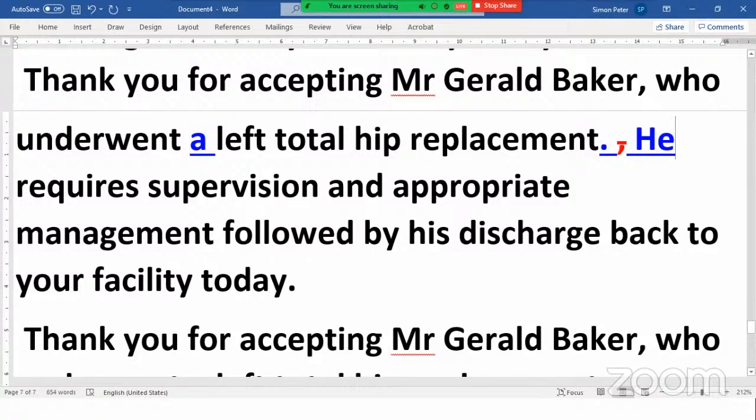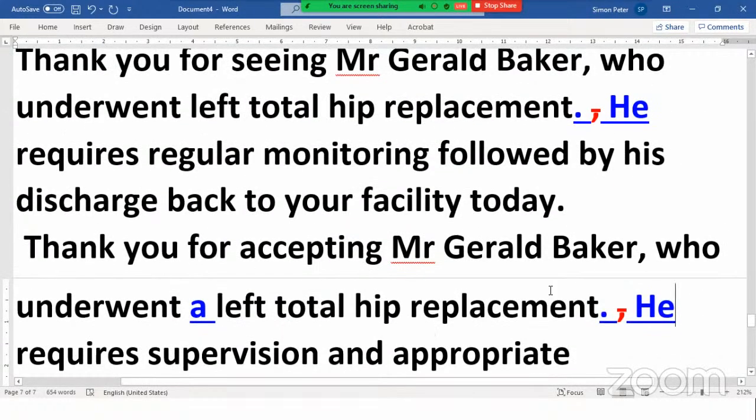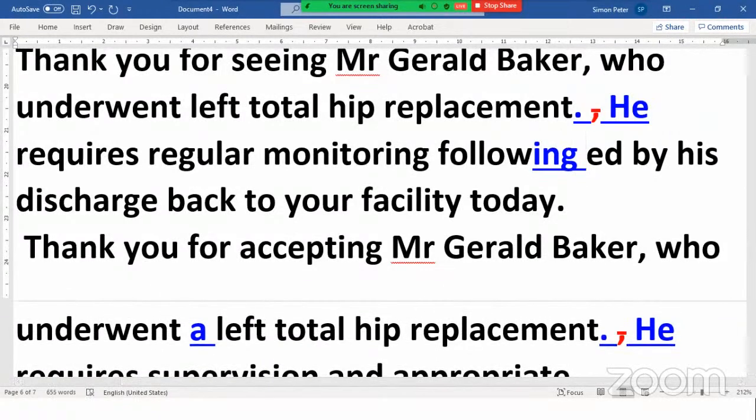He requires supervision and appropriate management following his discharge. The same thing again here, also regular monitoring. Discharge followed by regular monitoring. So discharge first, then you say followed by.